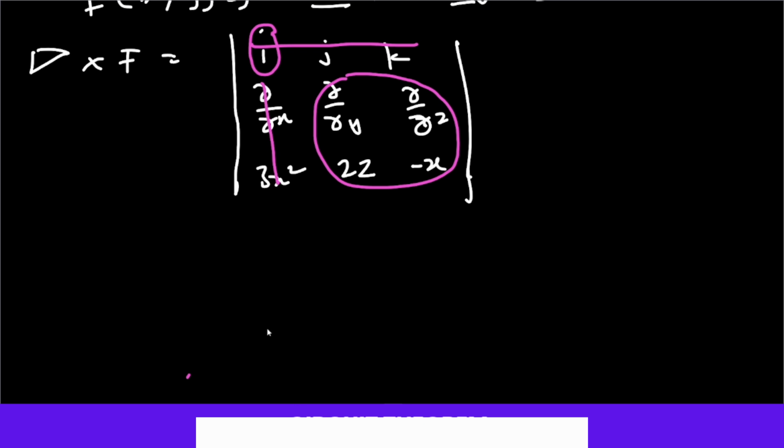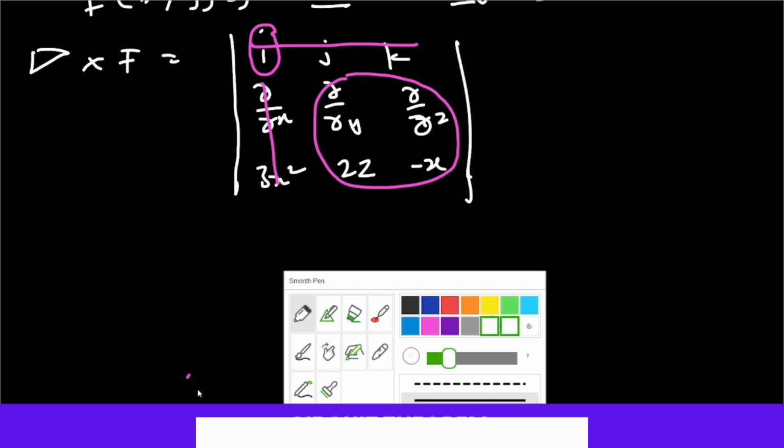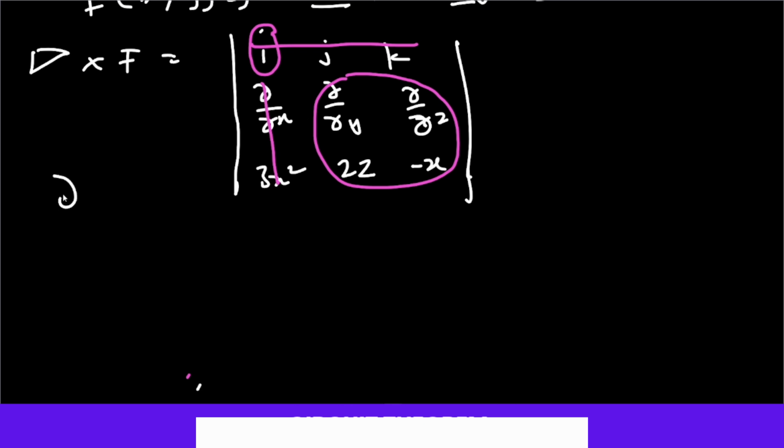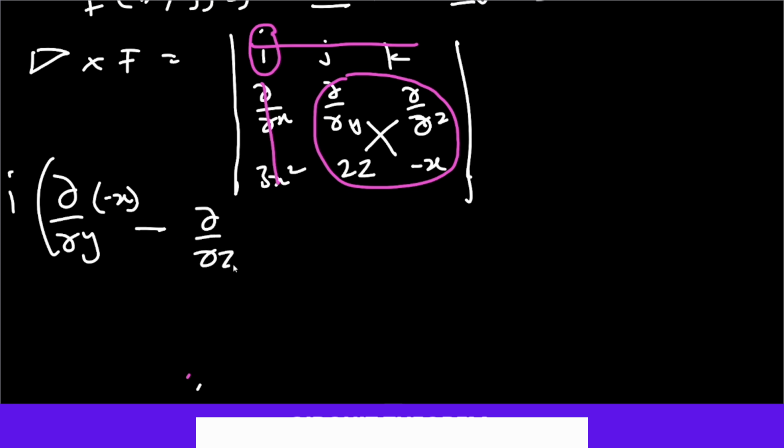So we get partial on y of minus x, remember we multiply this and then subtract the multiplication of this from it, minus partial on z of 2z.